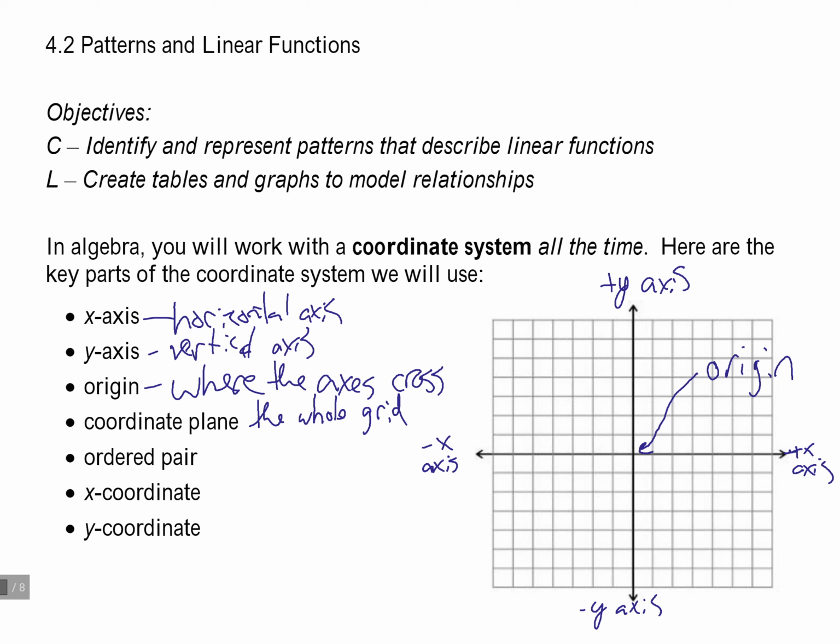Now an ordered pair is a set of numbers that's ordered. That's why it says ordered pair. They're put in a particular order to give us a location on the coordinate plane, okay? So the ordered pair is a location on the coordinate plane.